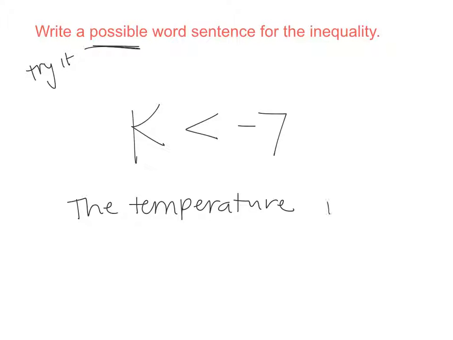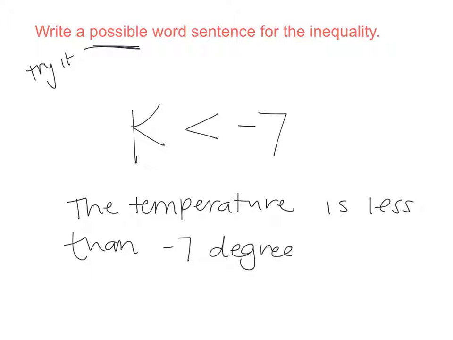The temperature is less than -7 degrees. Again, just another possible answer. As long as it's something that could be negative, then you're fine. If you just did the variable K, you're fine. There's lots of different possible word sentences. I just have to check them to make sure that they are possible.